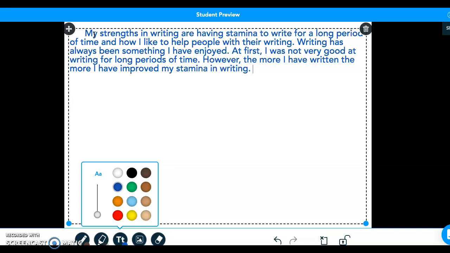This is all cohesive, talking all about my stamina, going with this very first sentence. Now, I'm able to write for prolonged periods of time.